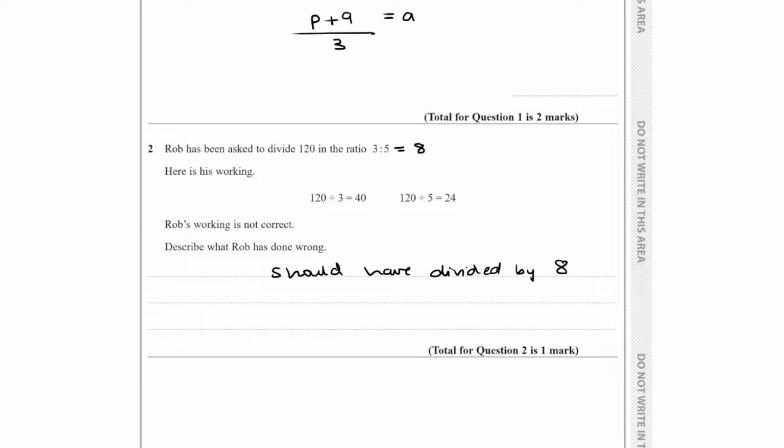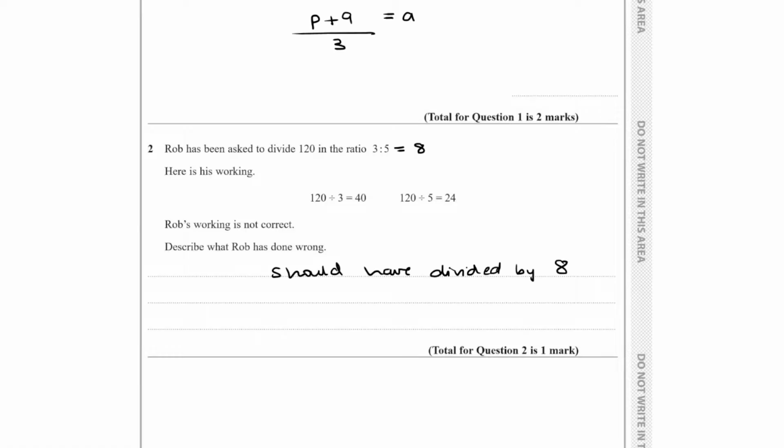From the mark scheme, they've said you could say that he should have divided by 8. You can say he should have added the 3 and the 5 first, which would obviously then give you the 8. You can say what he did wrong was that he divided 120 by 3 and by 5 instead of just by 8. You said about fractions, they've said in the mark scheme he did not do it as 120 times 3/8 or times 5/8, if that's what you mean by fractions.